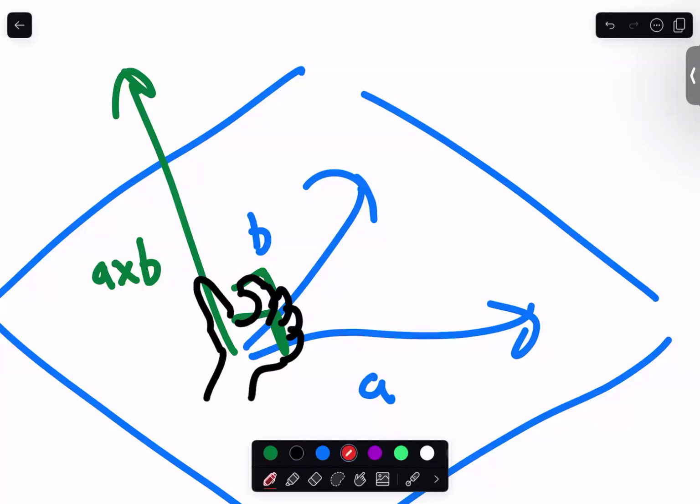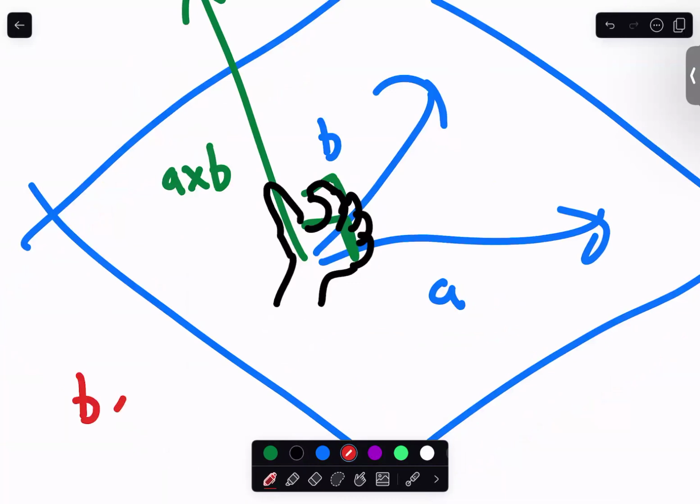On the other hand, if I was tasked with finding B cross A, notice if I keep my thumb pointing upwards, there's no way that I can really have my fingers go through B first and then through A. They're going to hit A no matter how hard I try. So the only way to really get my fingers to hit B first and then A is that I need to flip my hand upside down.